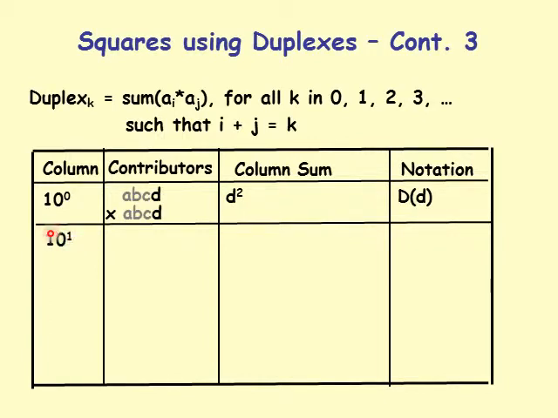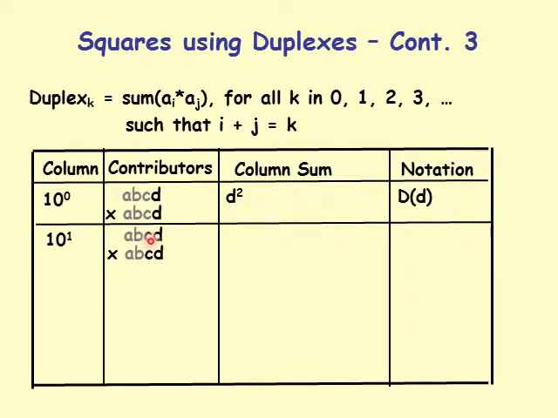Now we are on the tens column, which is power 1 of 10. In that column, results come from this multiplication or this multiplication. When you multiply the units place digit by the tens place digit, I get a value in the tens place.